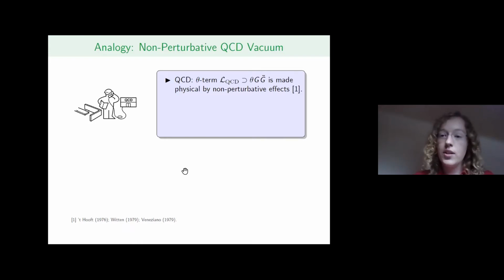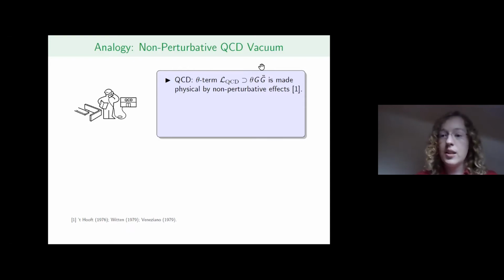So in QCD, we know that we have a theta term, which looks like this. I omitted some numerical constants in the front. Then you have a theta parameter, which is an angular parameter that could take any value between 0 and 2 pi. G is the gluon field strength, and G tilde is the Hodge dual of the gluon field strength, which is simply the epsilon tensor times the gluon field strength.